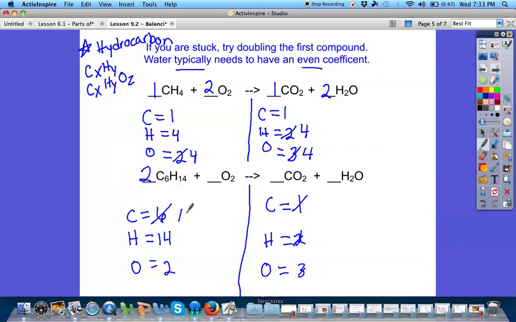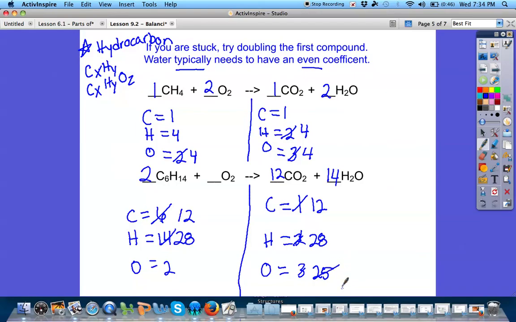So that's going to give us 12 carbon. 2 times 14 is 28 hydrogen. So now, if I need 12 carbon, I put 12 in front of CO2 to get my 12 carbon. 12 times 2 is 24 oxygen there, plus the 1 in H2O is 25. 28 hydrogen, so we need to put 14 in front of H2O to get our 28 hydrogen. 14 times 1 oxygen is 14.